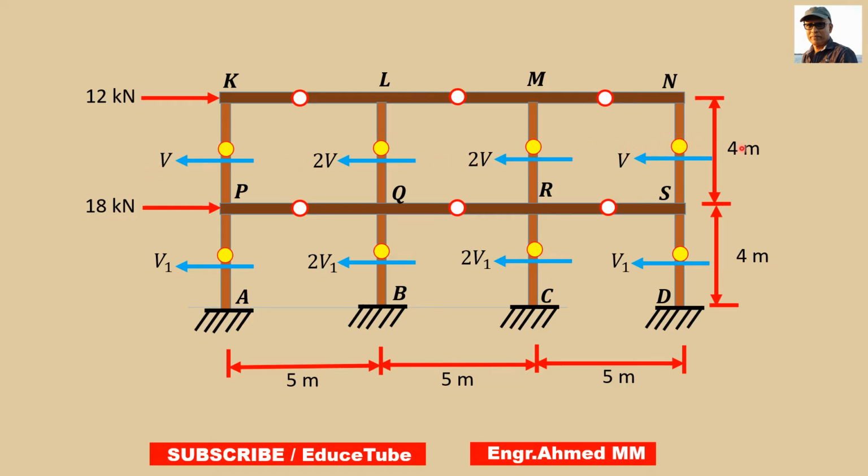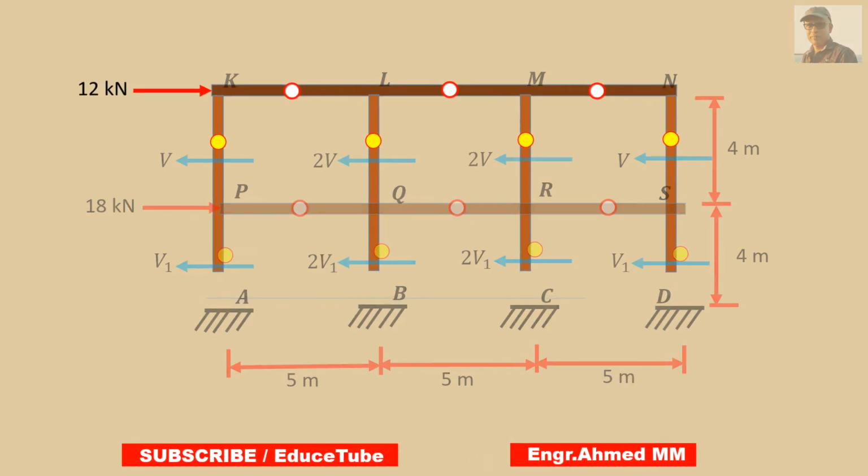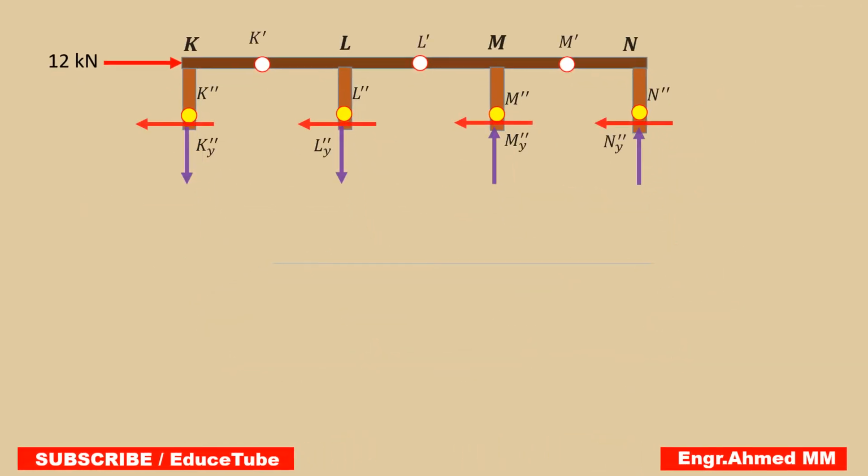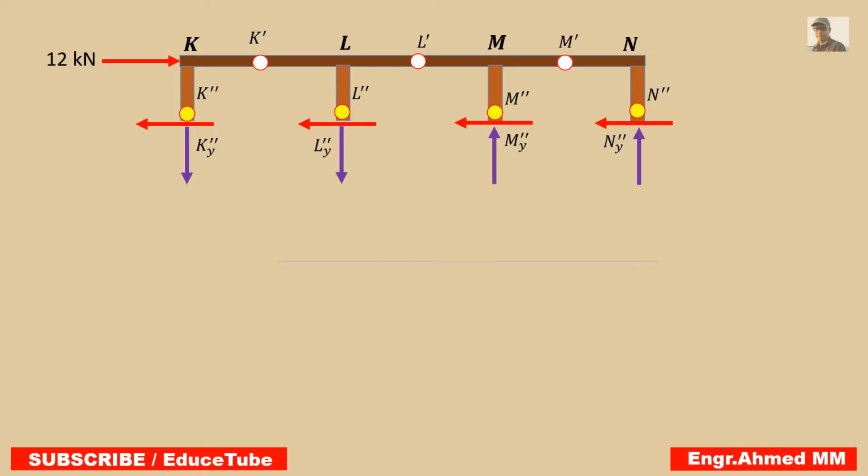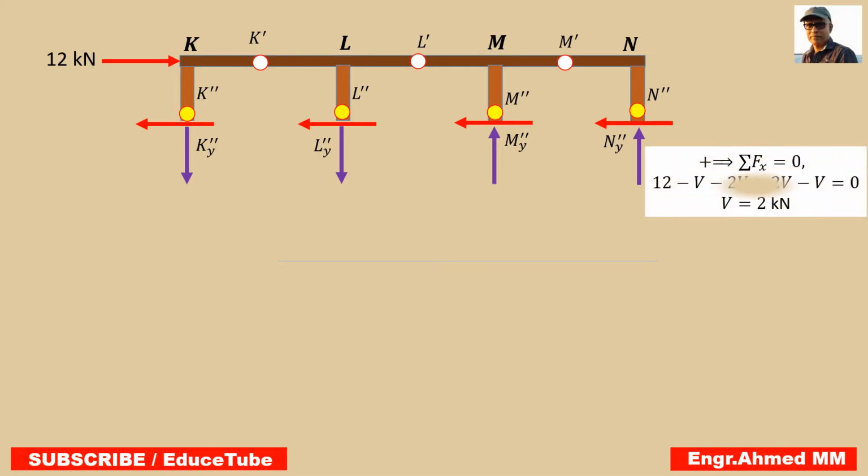And if we take the section, it will yield the free body diagram of this top part. So let's take this top part separately. Now this is the free body diagram.